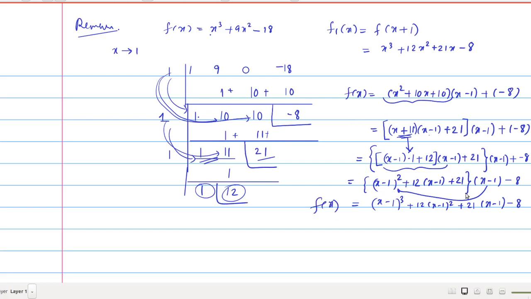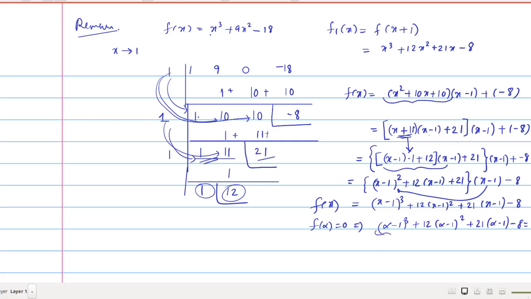Okay, so what is the advantage of writing f of x in this manner? If alpha is a 0 of this, f of alpha equals 0, so this quantity is 0. That means alpha minus 1 whole cube plus 12 times alpha minus 1 whole square plus 21 times alpha minus 1 minus 8 will be 0.